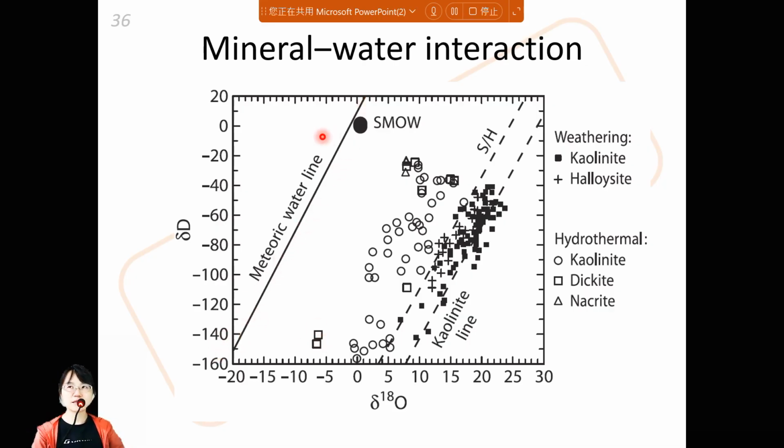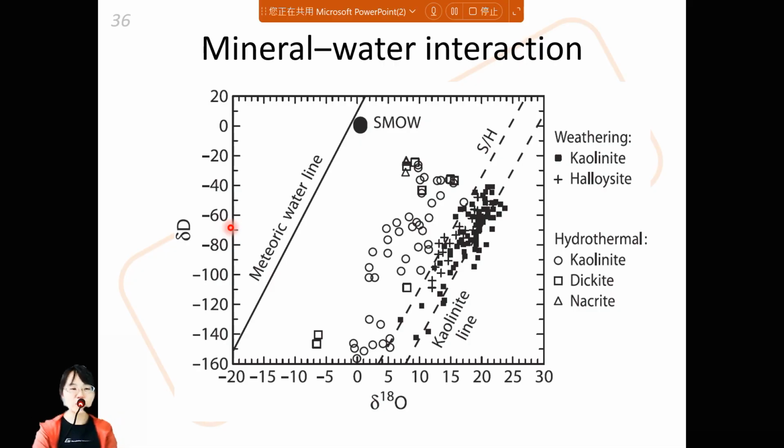That means the 18O and 2H will fractionate proportionally. As a result, the rainwater samples you collected in different parts of this region will have a relationship. And for standard mean ocean water, by definition, it will plot at 0. Freshwater or rainwater will be more depleted in 18O and delta D.